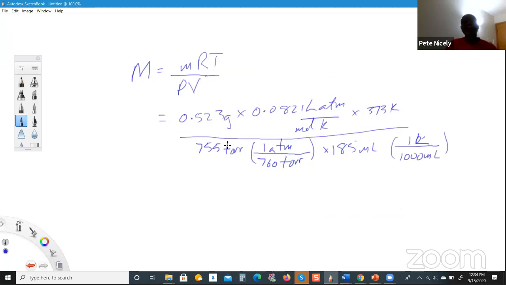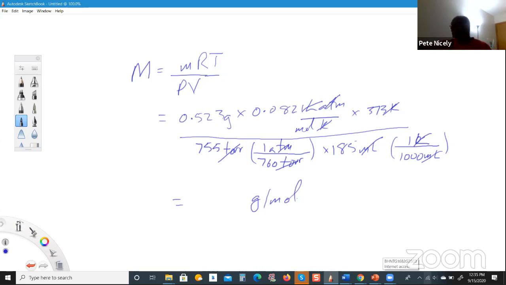All right, so you're going to see some units canceling out. For example, the torrs will cancel out here and here. The milliliters will cancel out here and here. The atmospheres will cancel out, the kelvins will cancel out, and the liters will cancel out. So the only units remaining would be grams over moles, which is the unit of molar mass.